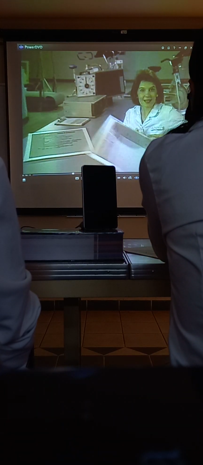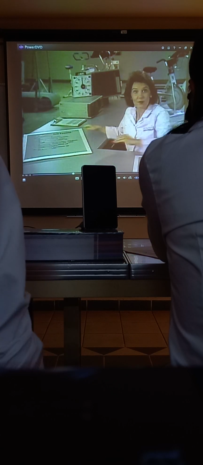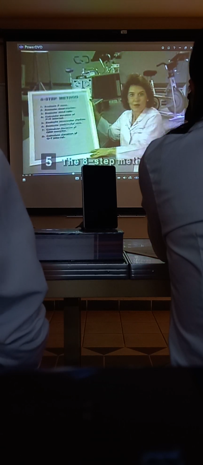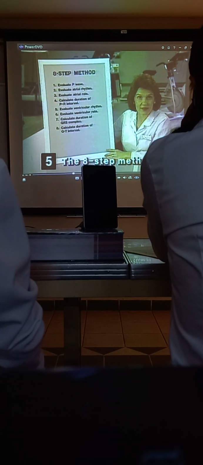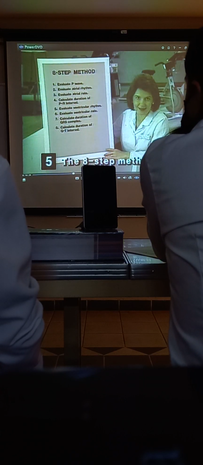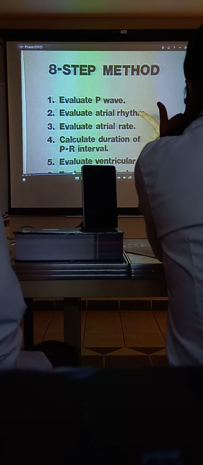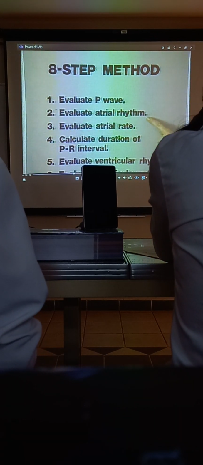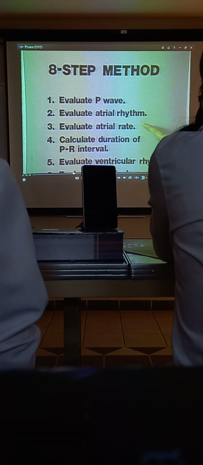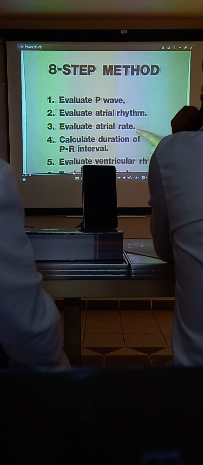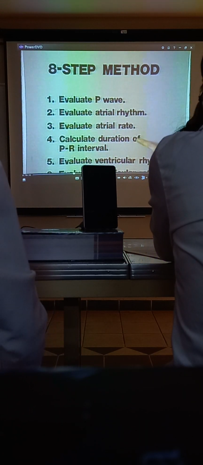Interpreting your patient's EKG can be difficult at first, but with practice it will become easier. Practice using the 8-step method can help you become more confident and skilled. Step 1, evaluate P wave. Step 2, evaluate atrial rhythm. Step 3, evaluate atrial rate.